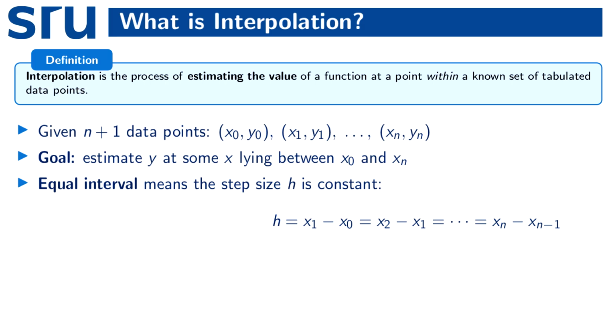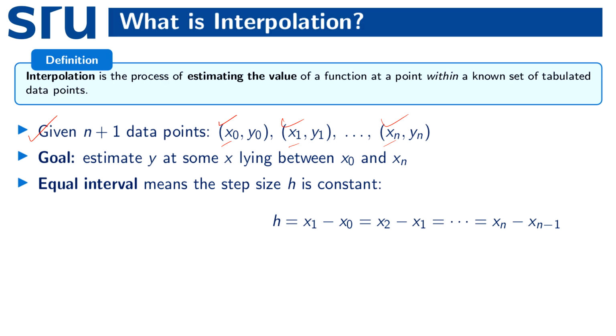Now, mathematically, we assume that we are given n plus 1 points, which are written as pairs: x0 y0, x1 y1, till xn yn. These are a total of n plus 1 data points. Here, each xi, that is, these values x0, x1 till xn, represents an input.